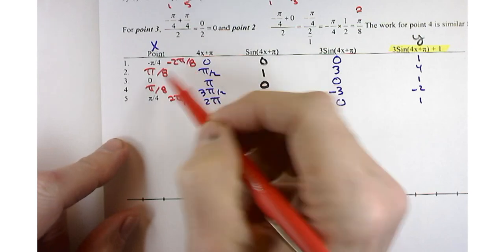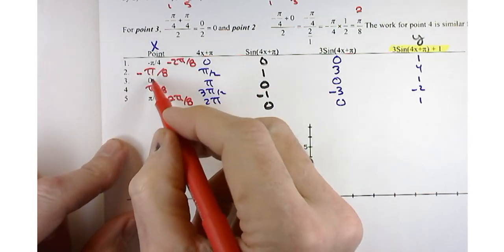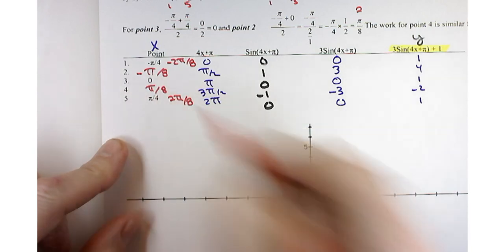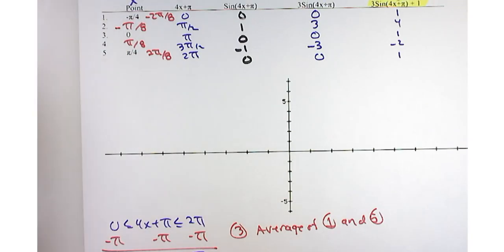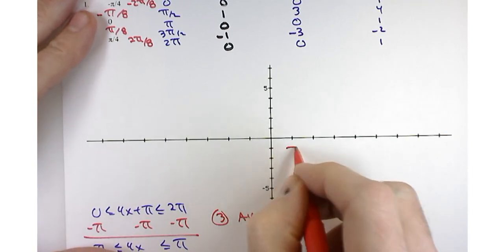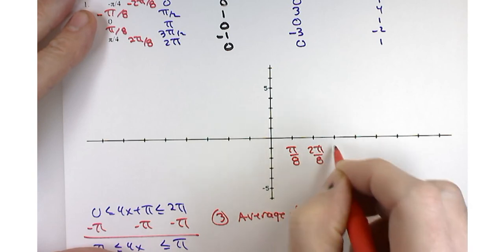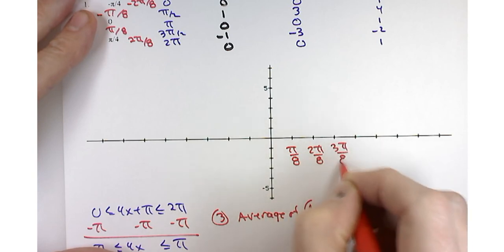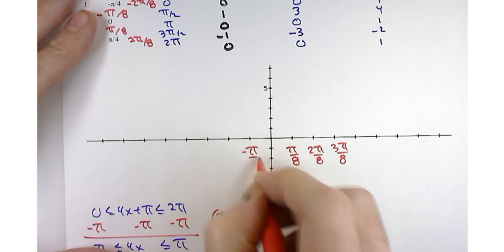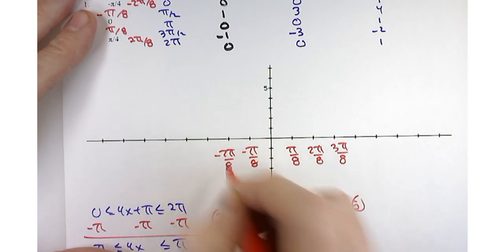It's pi over 8, pi over 8. That should be a negative here. Pi over 8, pi over 8, pi over 8. So that gives me a way to draw my scale on this axis. So pi over 8, 2 pi over 8, 3 pi over 8, negative pi over 8, negative 2 pi over 8, and I can continue this forever.